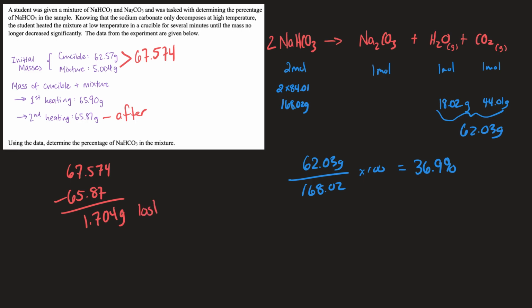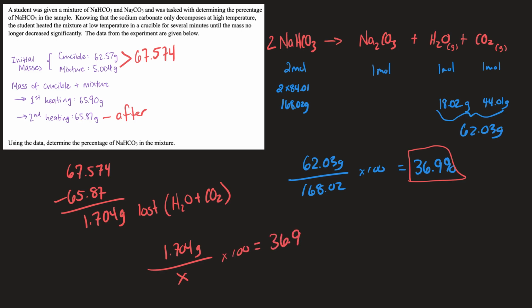Well, we know if that was lost, that was H2O and CO2. So now we can simply use the fact that when baking soda decomposes, 36.9% of the mass is lost. So 1.704 grams over X, because we want to find out how much baking soda was decomposed, times 100 is equal to 36.9%.